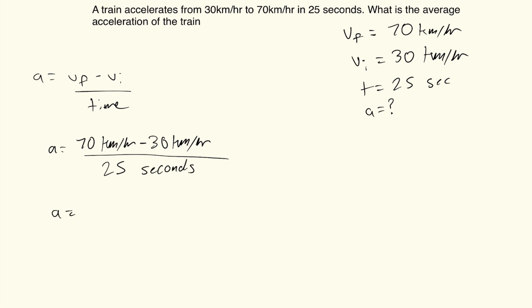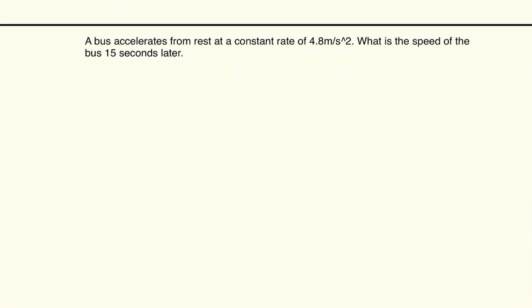Acceleration is equal to 40 on the top. 40 divided by 25 is equal to 1.6 meters per second squared. Now, our acceleration of the train is 1.6 meters per second squared. Let's go to the next problem.